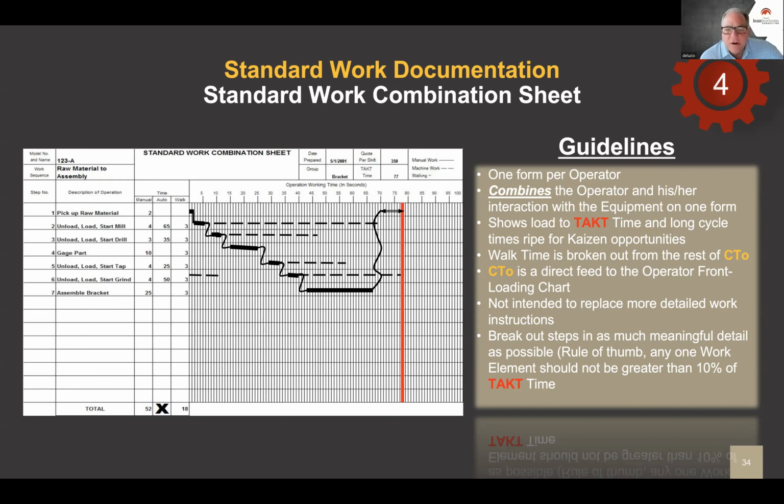The dotted lines are the actual automated equipment, the machine cycle time, and the dark bars are the operator cycle time. So I'm comparing this now visibly, and I'm drawing my takt time. Oh, guess what? In red. Here we go. Here's my 77 seconds. All right. Now, if I look at this and say, well, geez, where's my opportunity to do Kaizen?